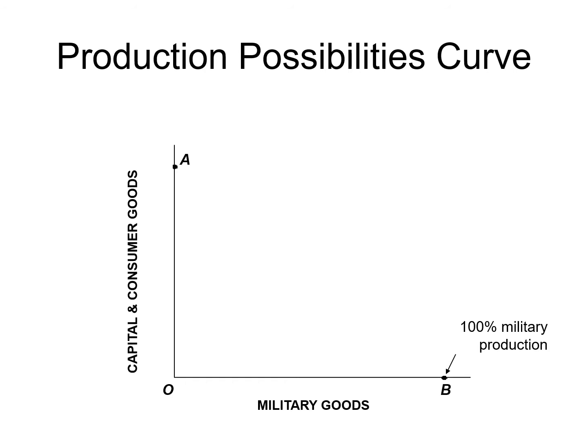Our previous analysis of the entire economy graphed capital goods on the vertical and consumer goods on the horizontal. Now we have lumped all potential civilian production on the vertical axis, on the y-axis. Likewise, on the horizontal axis, we now have potential military production for a country.